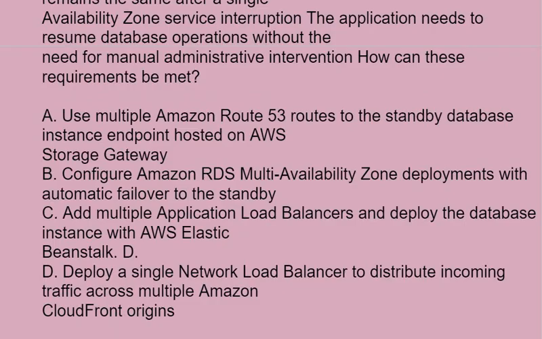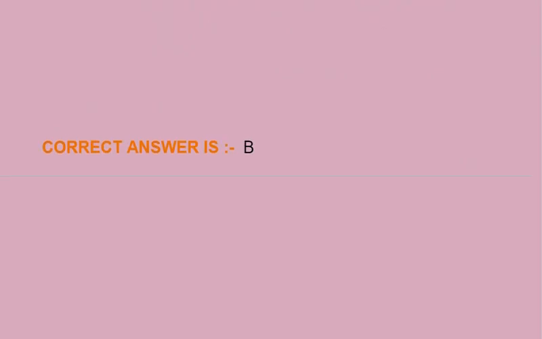Option B, configure Amazon RDS multi-availability zone deployments with automatic failover to the standby. Option C, add multiple application load balancers and deploy the database instance with AWS Elastic Beanstalk. Option D, deploy a single network load balancer to distribute incoming traffic across multiple Amazon CloudFront origins. Correct answer is option B.